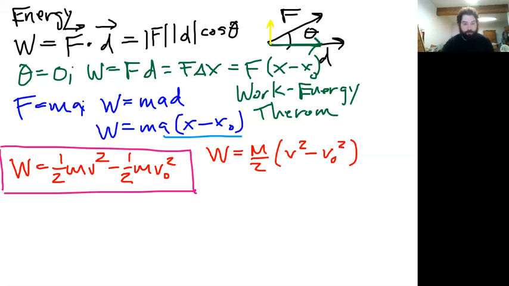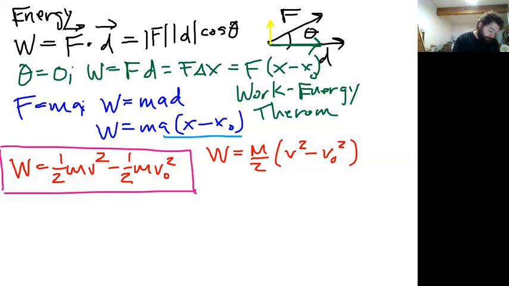And that is, as you can see, if we have initial velocity, we're going to have initial kinetic energy, and then whatever v is at the point that we're measuring it, that's going to be that.